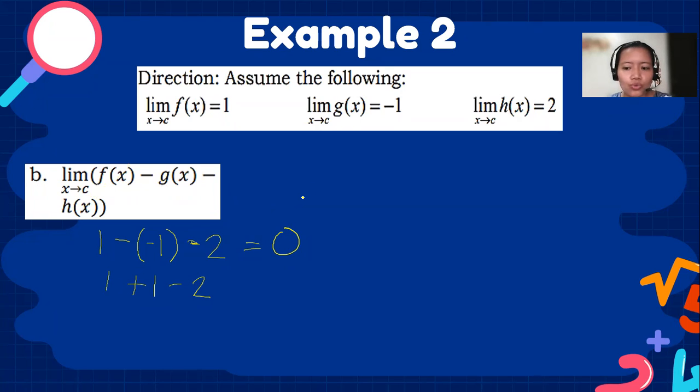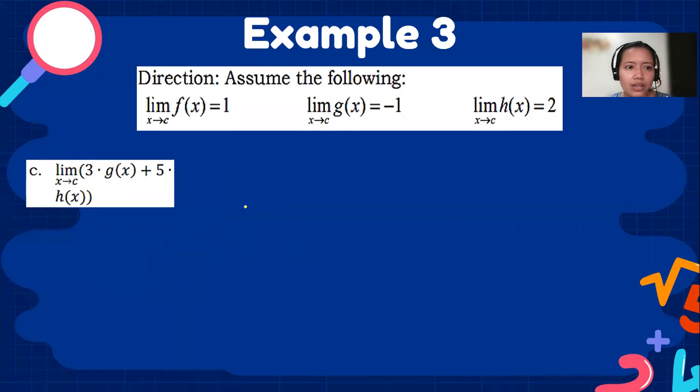Let's proceed to letter C. Okay, this is the last one. The limit of 3 times the limit of g of x. What is the limit of g of x? Anybody? Okay. G of x. What's the limit of g of x?